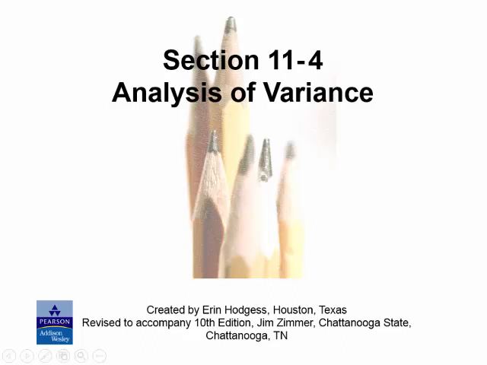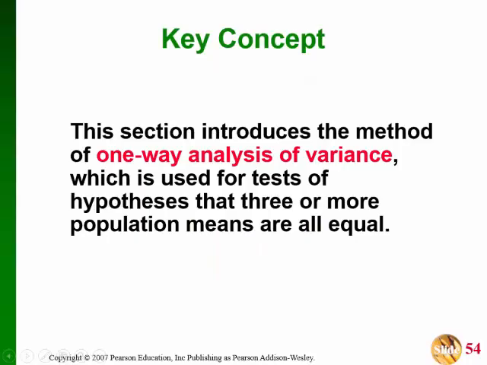Okay, the last section is ANOVA, analysis of variance. The difference here is that analysis of variance is going to be a test to take a look at the means for more than two populations.